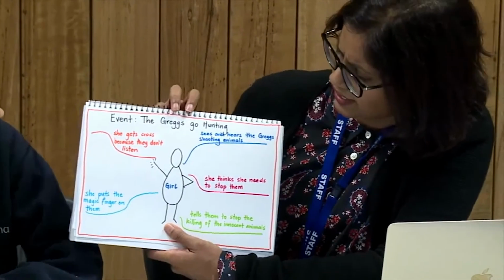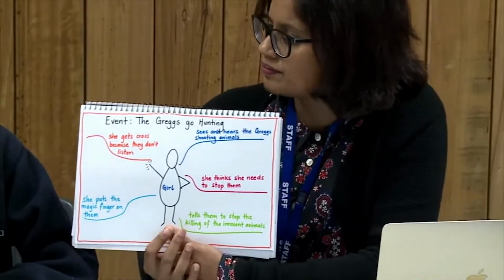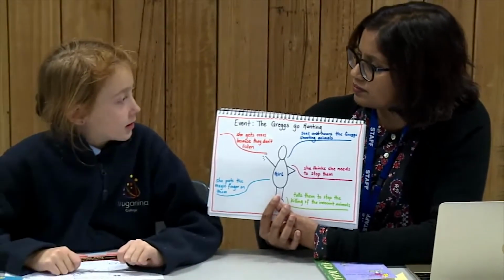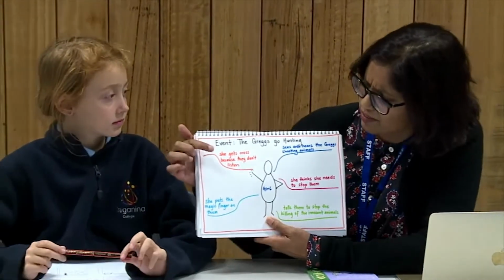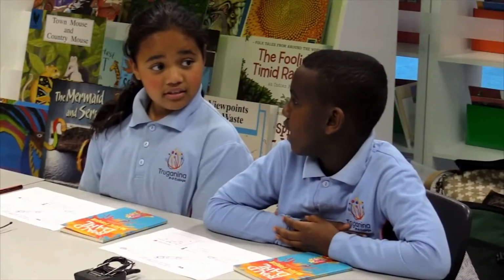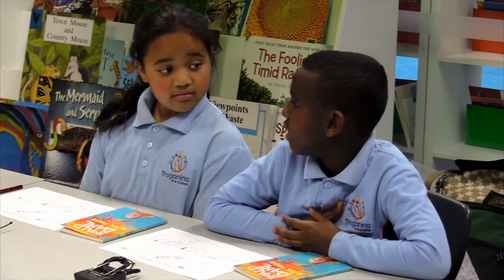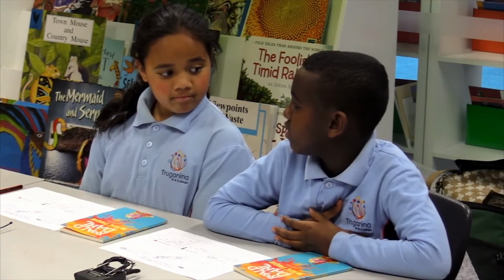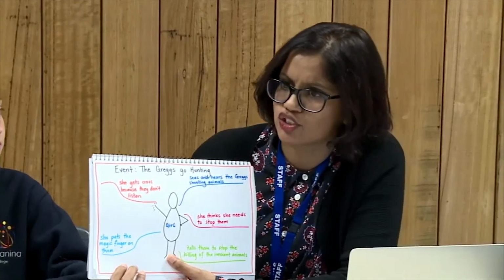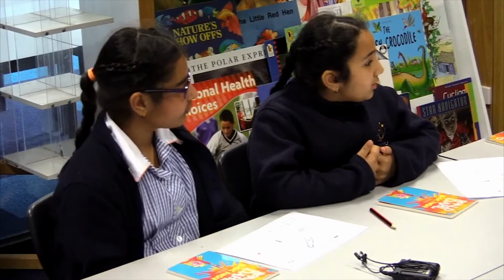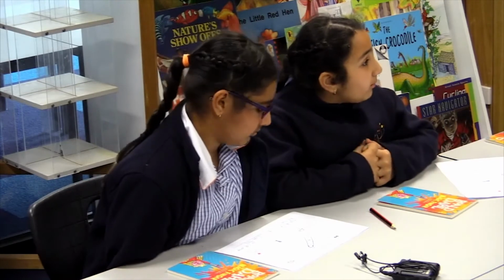What did she see? She saw the Gregs shooting animals. Yep, she saw the Gregs shooting animals. And how did she feel about that? I got a little angry because why would the boy be killing animals for no point? What did she do? She put the magic finger on them. Why did she put the magic finger on them, you think? Because she thought they need to learn a lesson how animals feel.